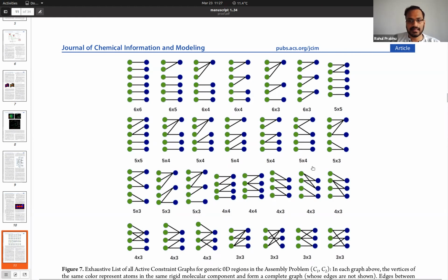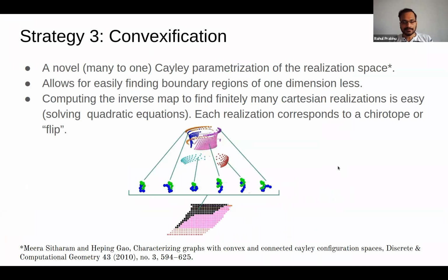contacts in molecular assembly. And it turns out that most of these graphs are partial 3 trees, and because they're partial 3 trees, I can add non-edges to make it a complete 3 tree, and my configuration space now becomes convex. And because it becomes convex, sampling in it becomes very easy. So for example, here I'm showing the configuration space of these two molecules.